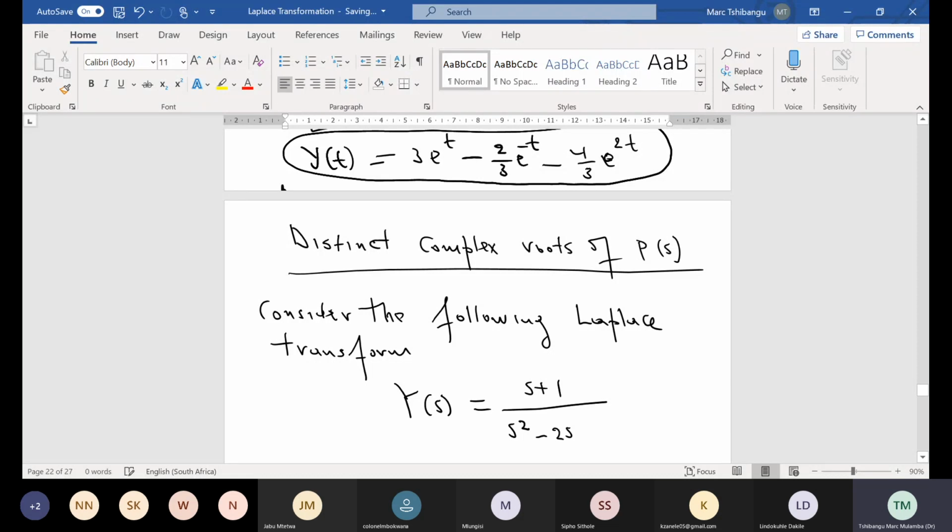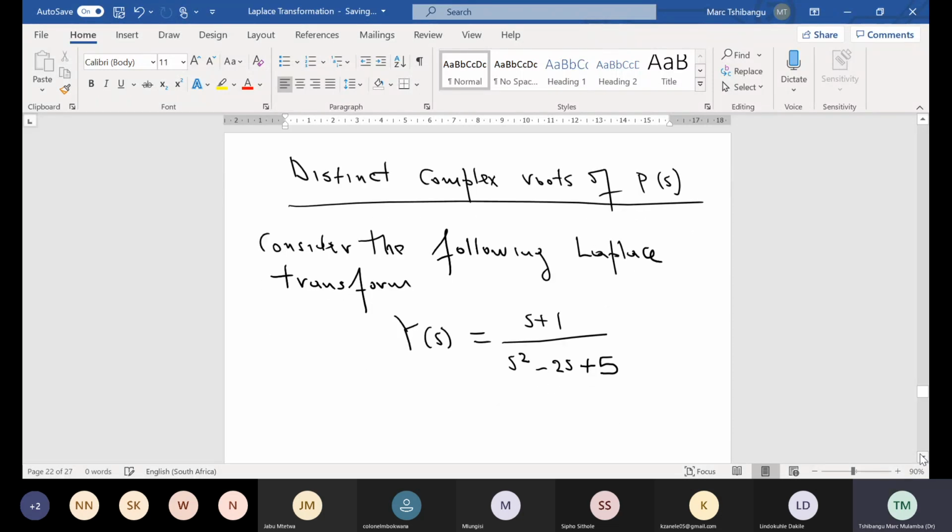So this is the problem. My S and my 5s look alike, so I'll do my best to make them look different. This is my 5. Everything else is S.